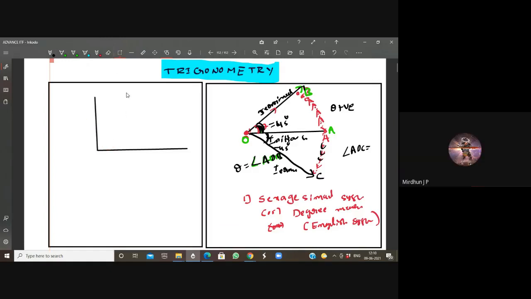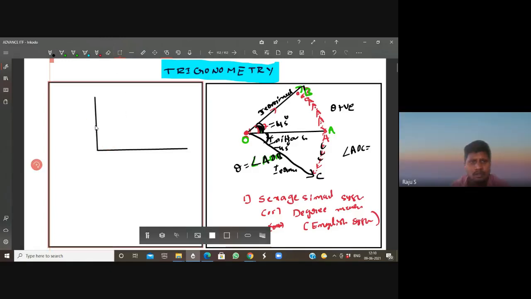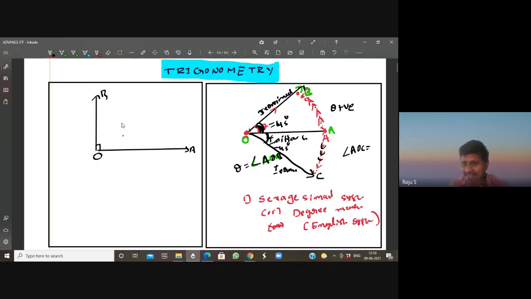Both are perpendicular to each other. If I take the angle between the initial and terminal side, O is the common point. So 90 degrees.